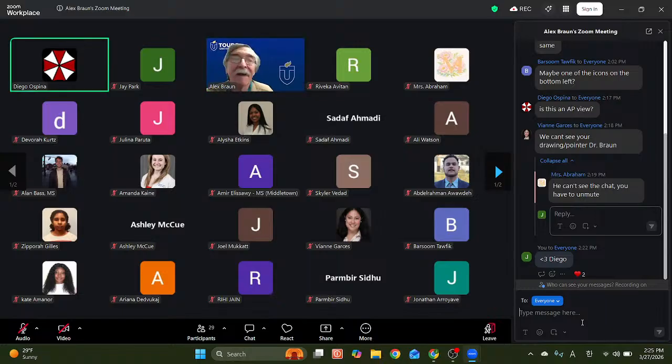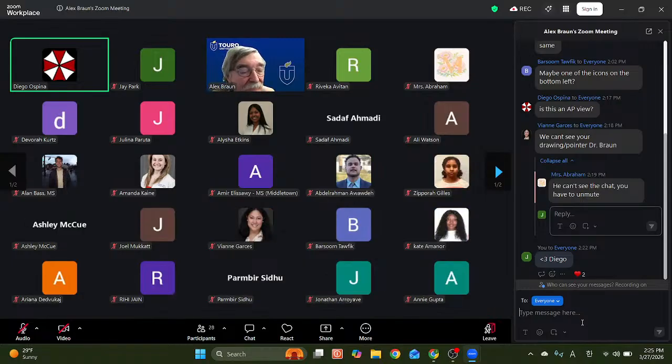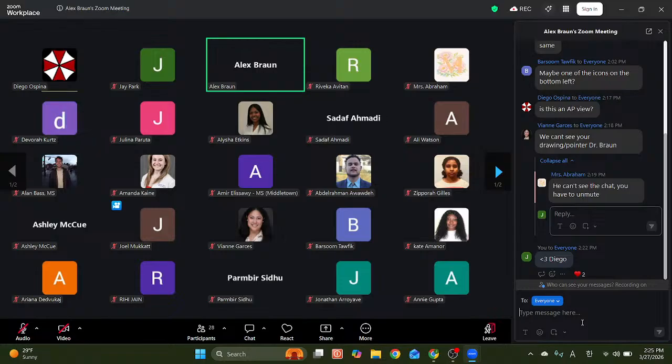It will be on the bottom right of PowerPoint, and it looks like a video projector, like a screen projector. Do you see something on the bottom right of the PowerPoint that has a sliding scale that says a percentage, like 100%?